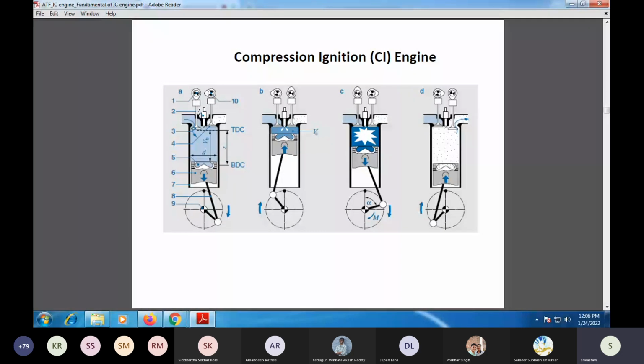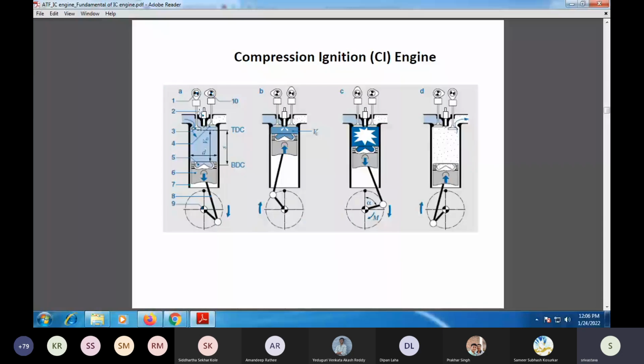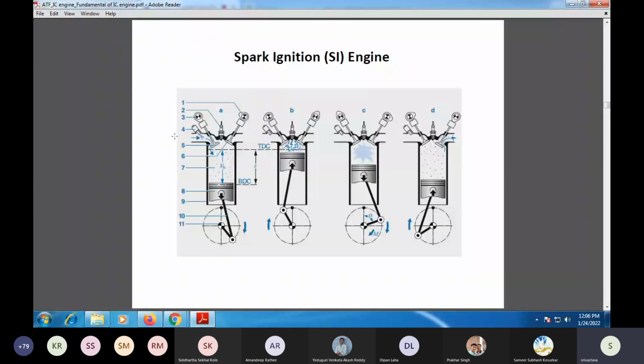But what are the two most important differences between this four-stroke spark ignition engine and the four-stroke compression ignition engine? You can also say four-stroke diesel engine. Here you can see that the first is the injector, and this injector is installed in the intake manifold, and the second is a spark plug, installed in the cylinder head.